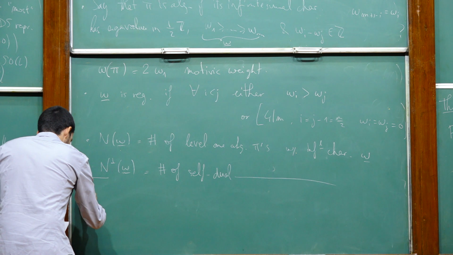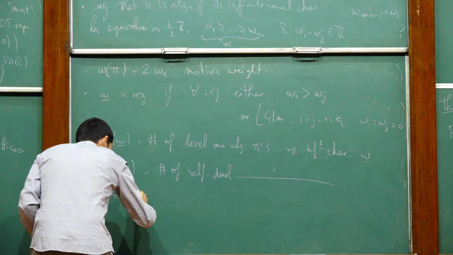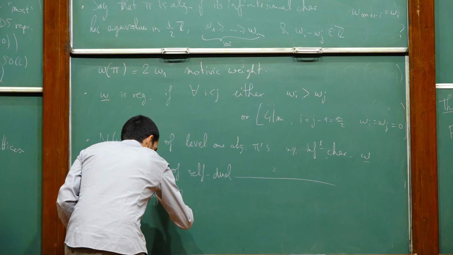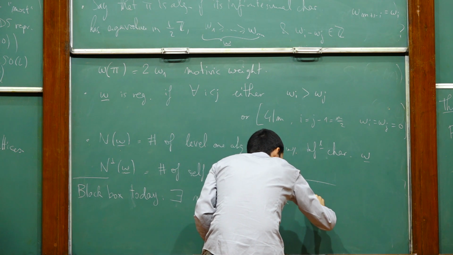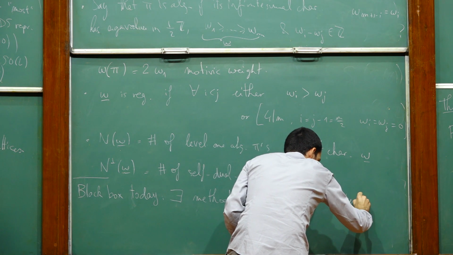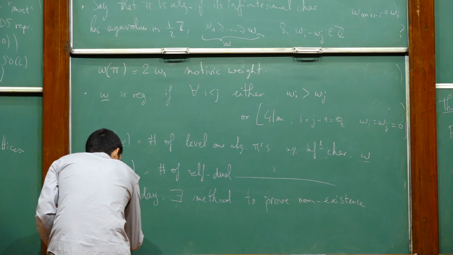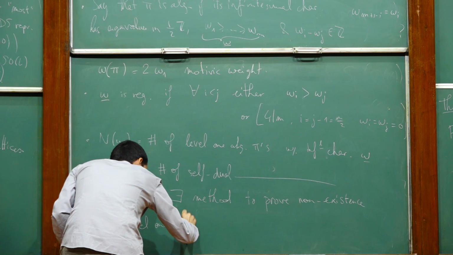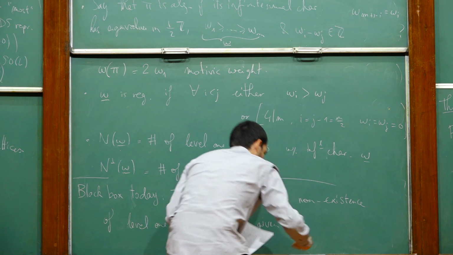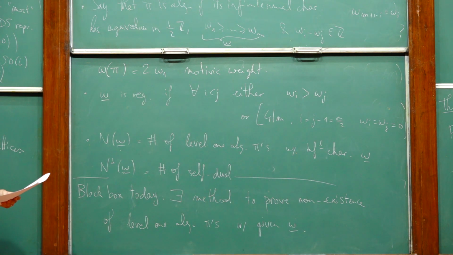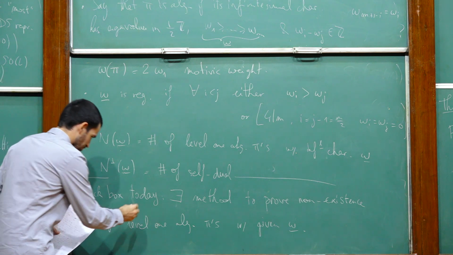And then there's something that I want to take as a black box for today: there is a method to prove non-existence of level 1 algebraic pies with a given weight W. That's a method that has matured over many years.